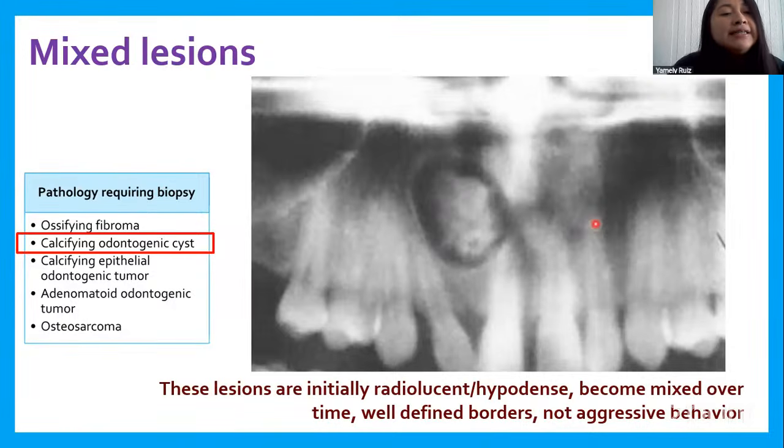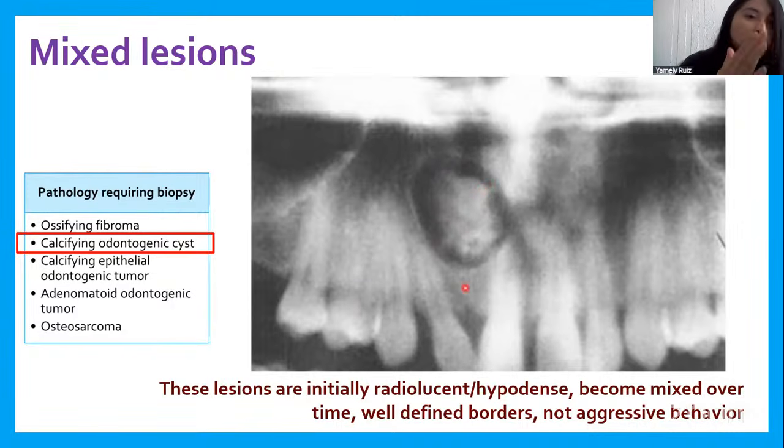The other entity here is the calcifying odontogenic cyst. Calcifying odontogenic cyst is another very important entity. This is a benign entity, an odontogenic cyst, but as the name says, calcifying. With the passing of time, it becomes mixed, and the lesion initially is radiolucent or hypodense.